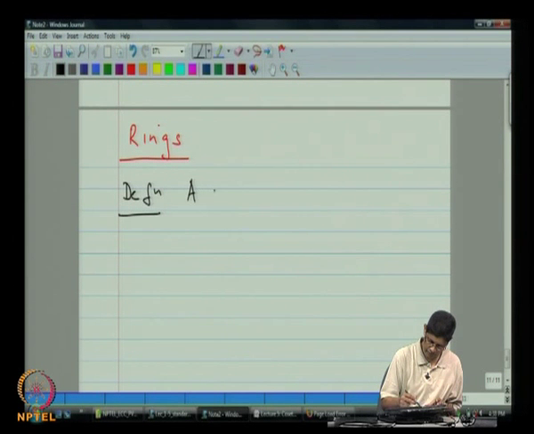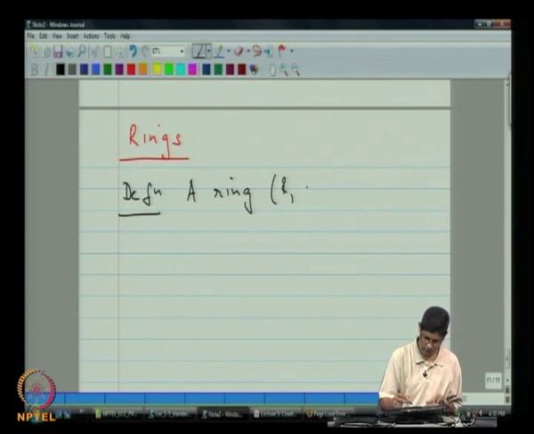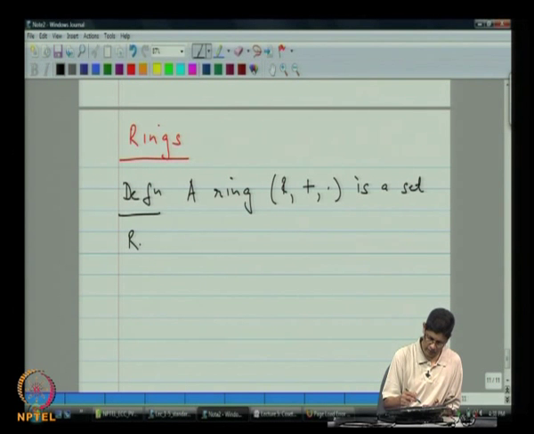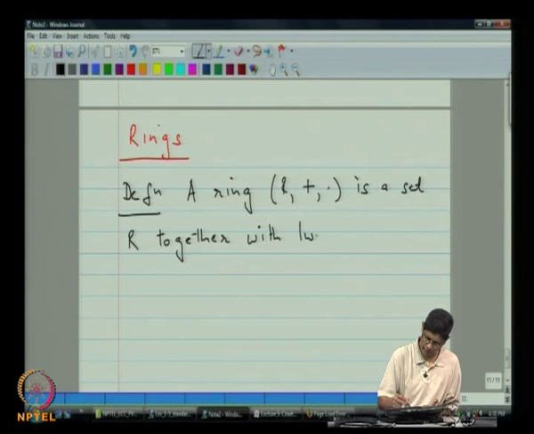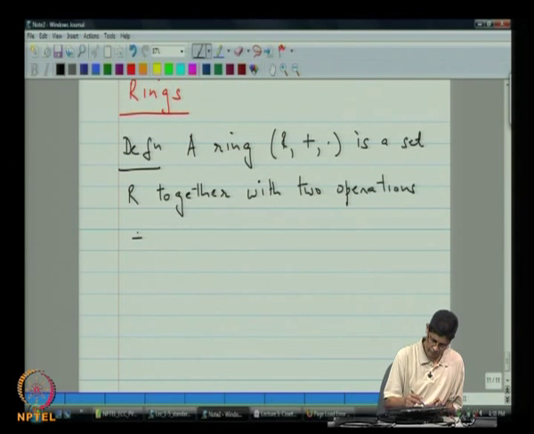A ring is a set R together with 2 operations, plus and dot.